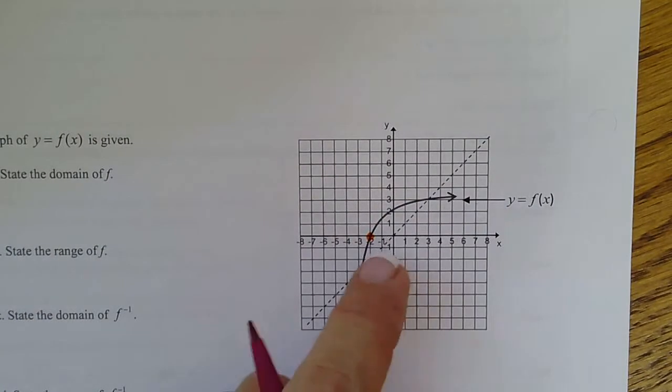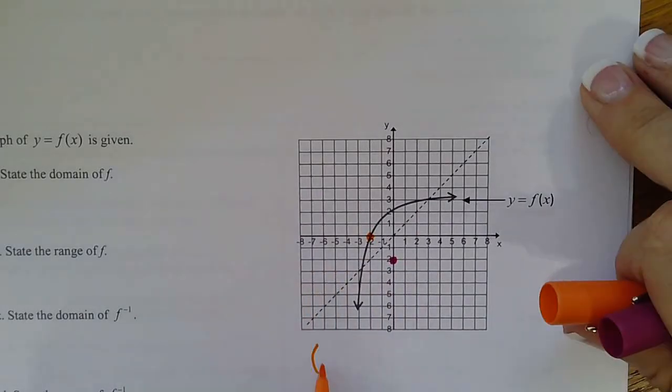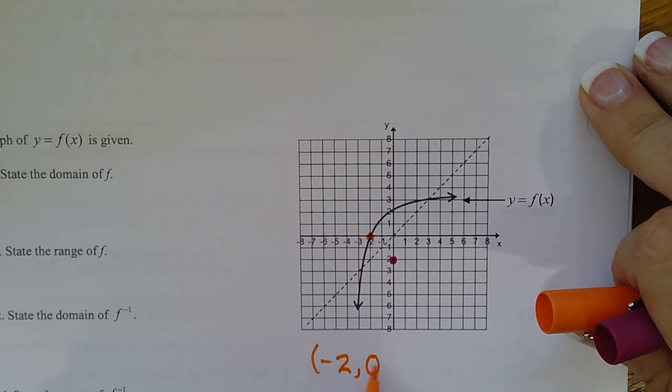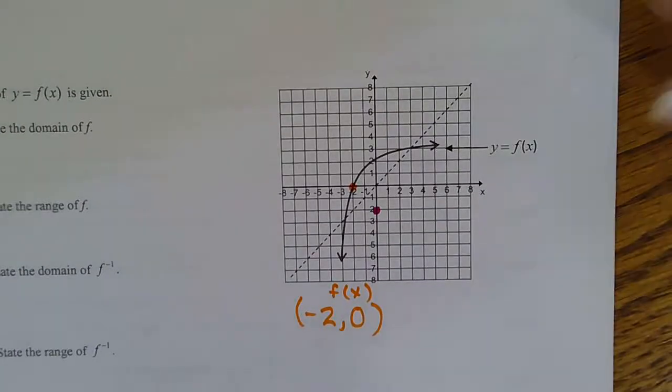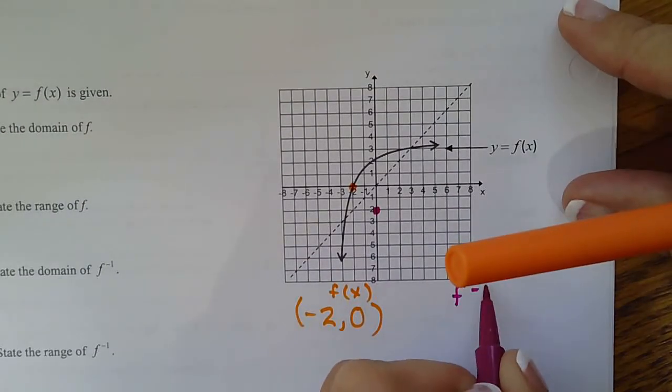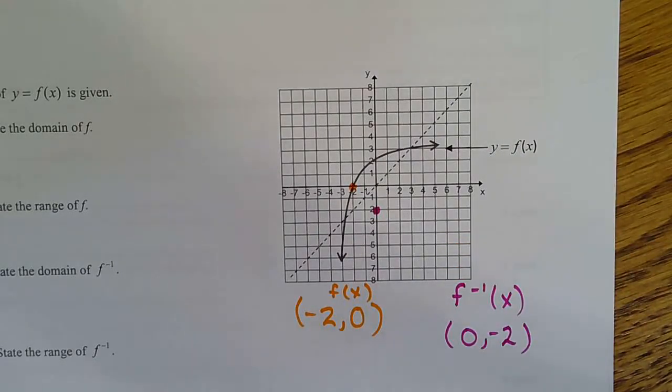So this is f of x, and that point is -2, 0. So to find the point on the inverse, I do f inverse of x is 0, -2. So that's pretty cool, huh? You just take the points and you flip them around, and that's how we make the inverse function.